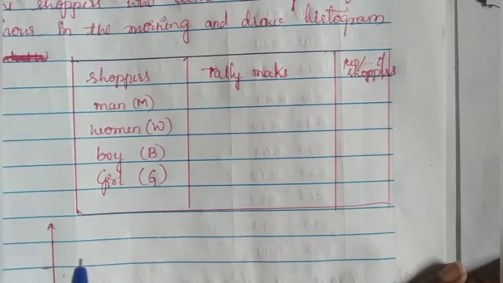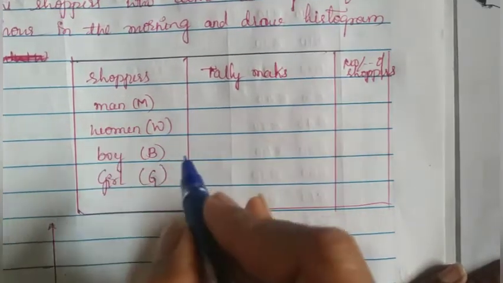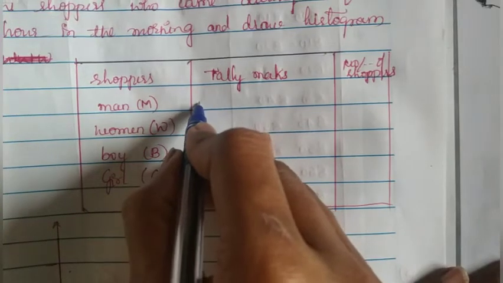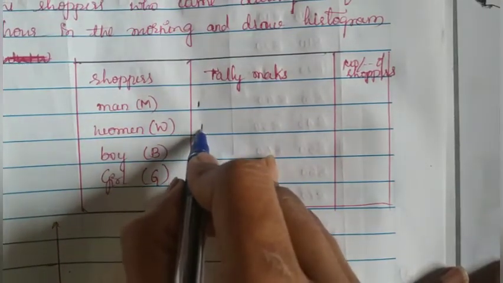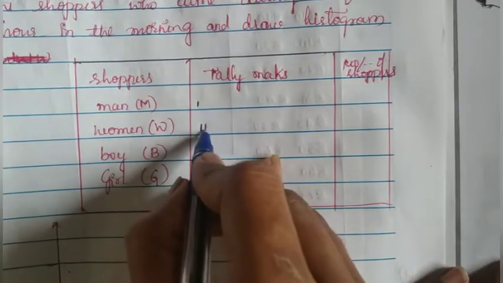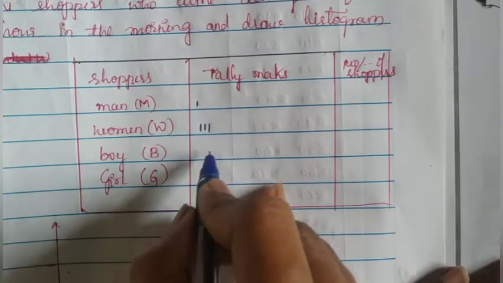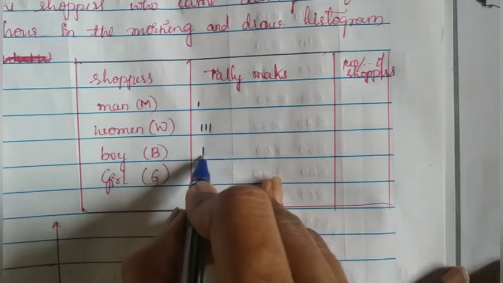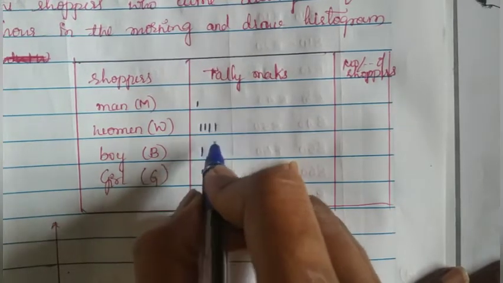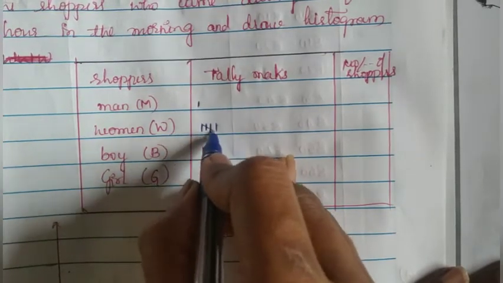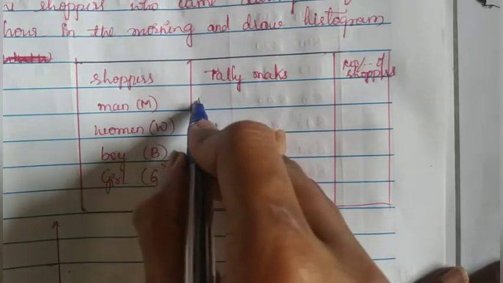From the raw data, now let us mark the tally. Here one W is there, write here 1. Second is also W, third is also W. Next G is here. Next B is here. Next W, next also W. Next M is here.